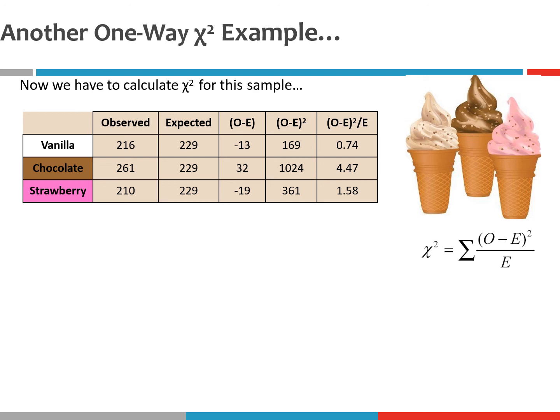And then once we've done that, okay, we're just going to add up all the numbers in the last column. Okay, so 0.74 plus 4.47 plus 1.58 gives us our chi-square value of 6.79.